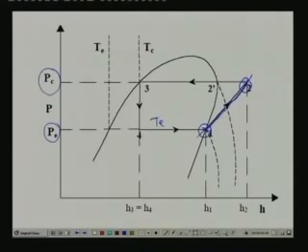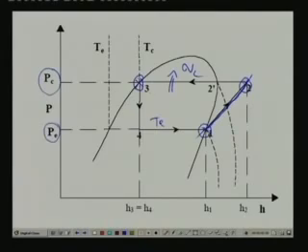Now process 2 to 3 is nothing but heat rejection in the condenser, and we know that is an isobaric process. So all that you have to do is draw a horizontal line beginning with point 2, and where it intersects the saturated liquid line, that is the exit of your condenser. So process 2 to 3 is nothing but a horizontal line on the pH diagram, and process 3 to 4 is nothing but an isenthalpic throttling process.